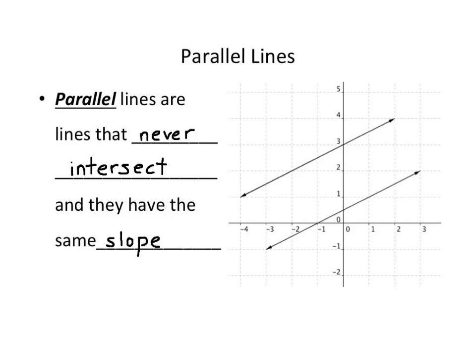If we actually count out the slopes of these graphs, I can see that they both have identical slope. They're both going over 2, up 1, over 2, up 1. Same thing with this second line. And because of these common slopes, this is exactly why these graphs never intersect.